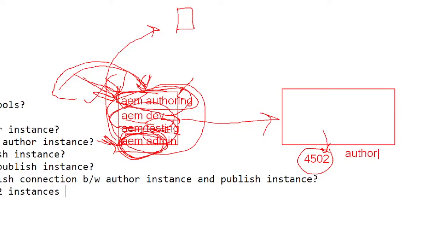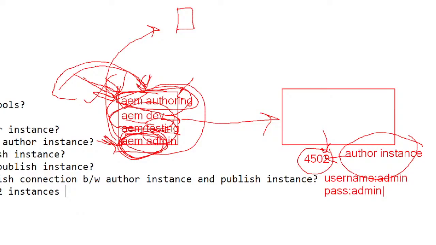If you have any doubt in between, you can ask, no issue. Credentials are mandatory. I gave the username and password also, right? The username is admin, and the password is also admin.